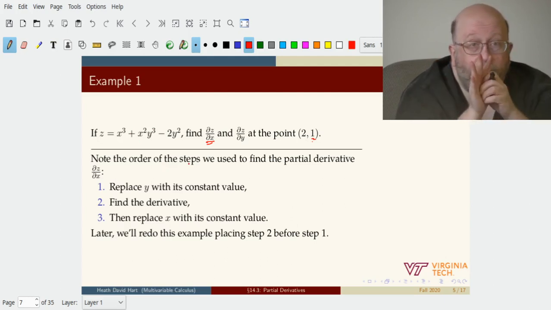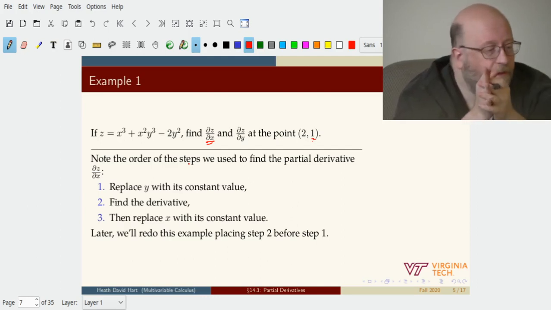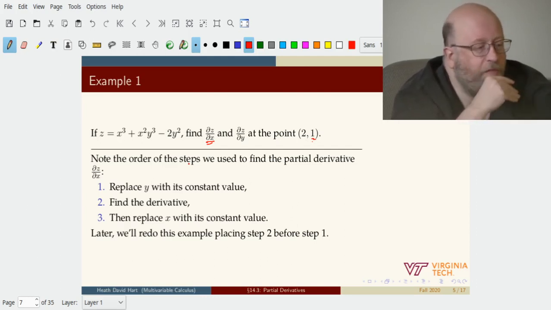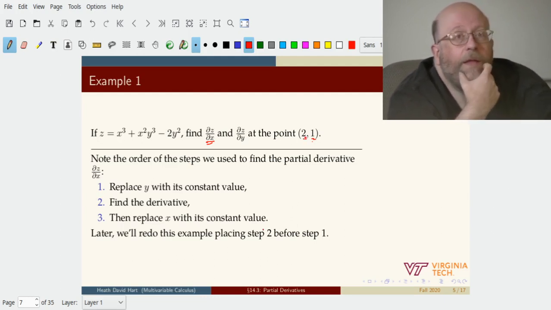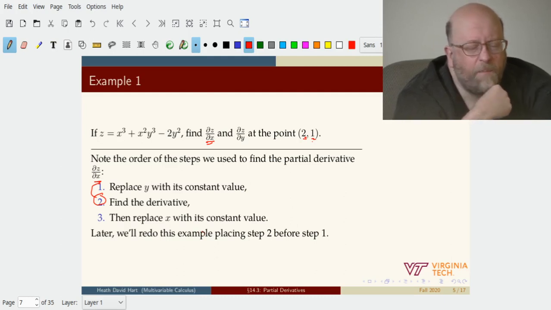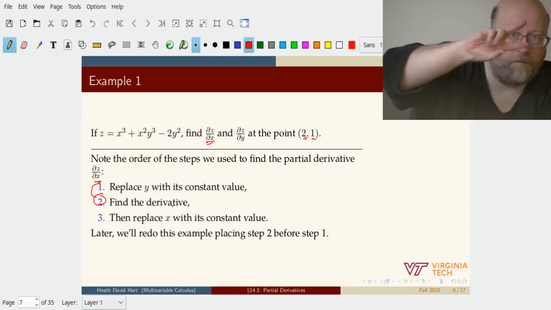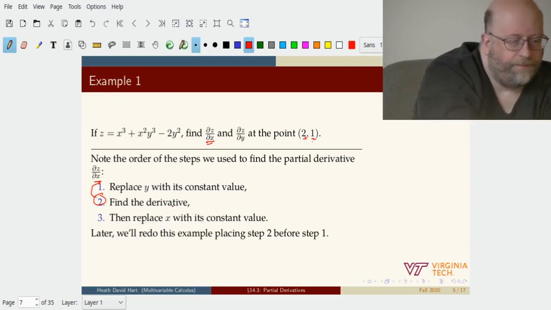Then we could find the derivative using just ordinary single-variable calculus rules. Then once we found the derivative, we substituted the x coordinate. In a little while, we'll be able to do this step up here. And in fact, most people do it that way. But either way is fine. Steps 1 and 2 are interchangeable.